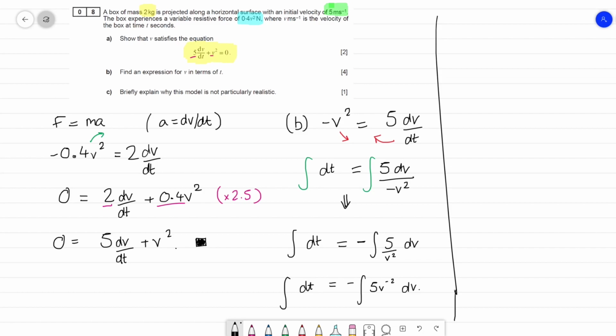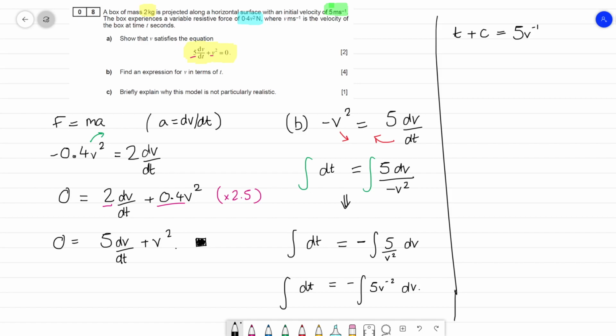So integrating dt, I'm just going to get t plus the constant. I'll write it on this side. And if I'm integrating this, I'm going to add 1 to the power and divide by the new power. So adding 1 to minus 2, it's going to take me up to minus 1. And then I'm dividing by that, which just means the minuses are going to cancel out actually, which is kind of neat. So I'm going to get 5v to the minus 1. Apologies about the t, looked a bit funky. There we go. Let's rub that out.